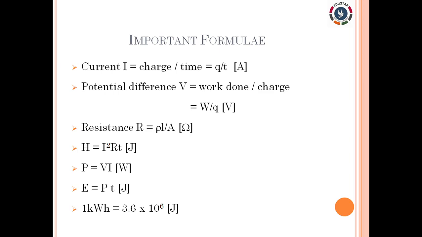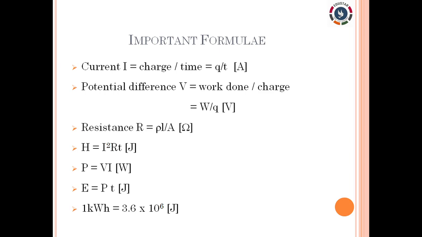What is the heat energy dissipated when current travels through a particular conductor? It is directly proportional to the square of the current, and the product of the resistance and the time taken. Power is calculated using the relation between voltage and current: power is equal to V into I. It is measured in watts.